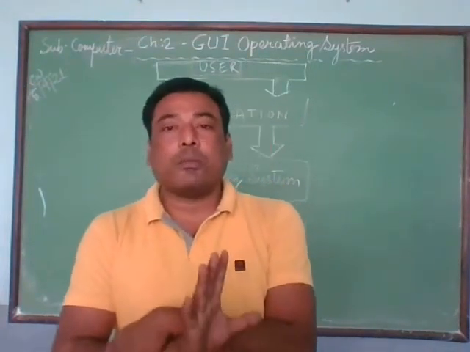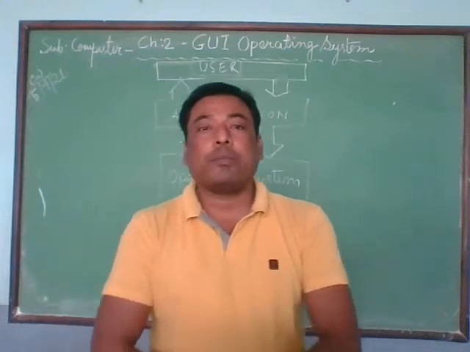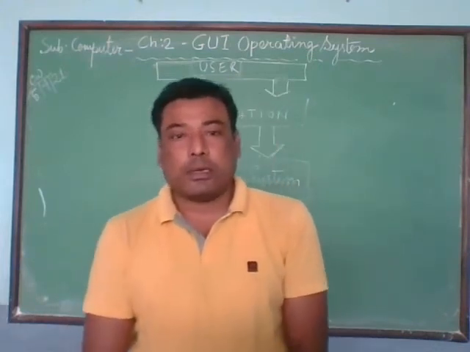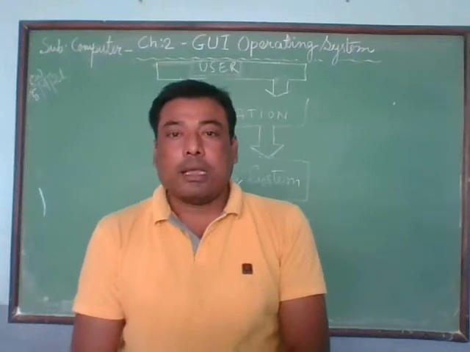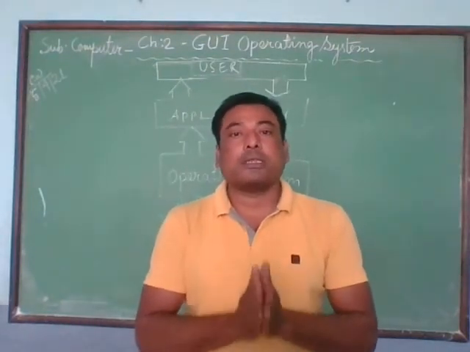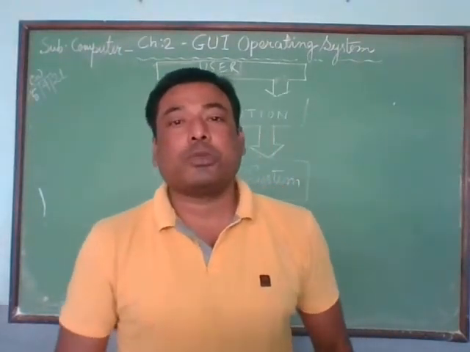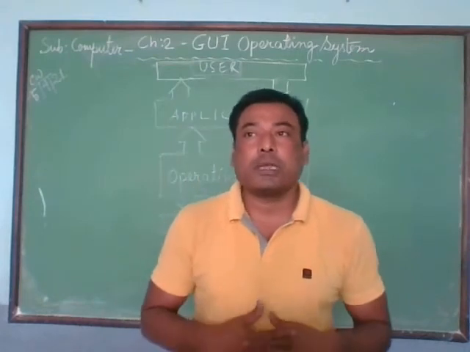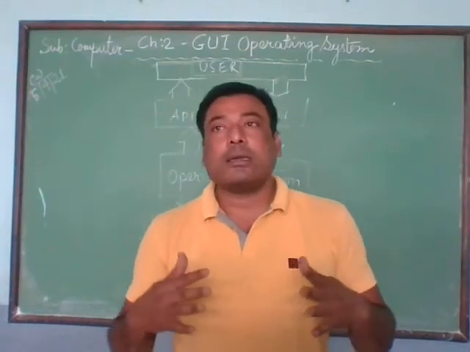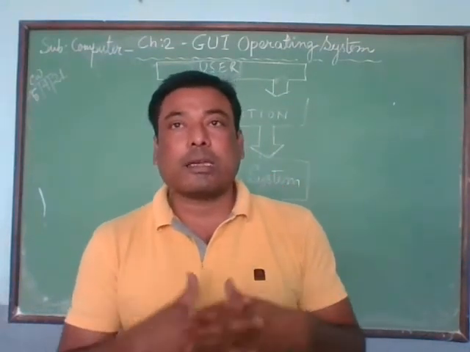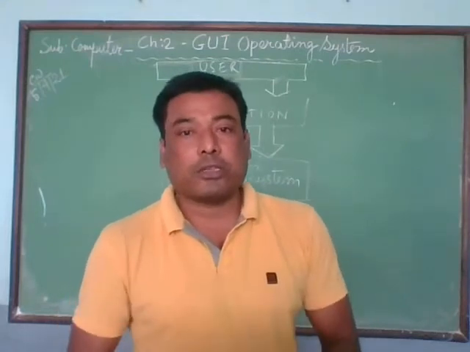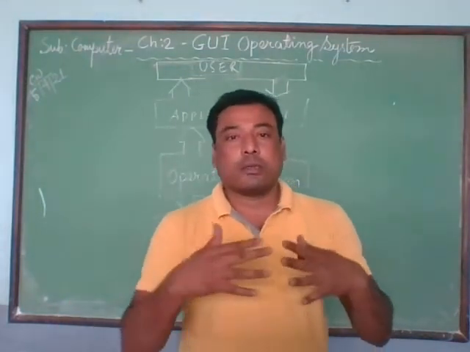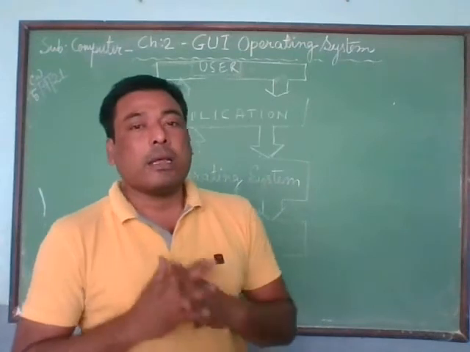Operating system is the most important program that runs a computer. Is it clear? This operating system is an interface between computer and user. Interface means linking, just like a bridge. The operating system is interfacing between the computer and the user.